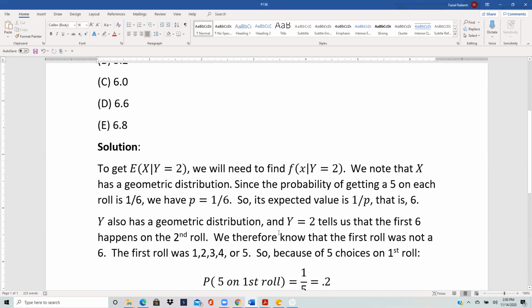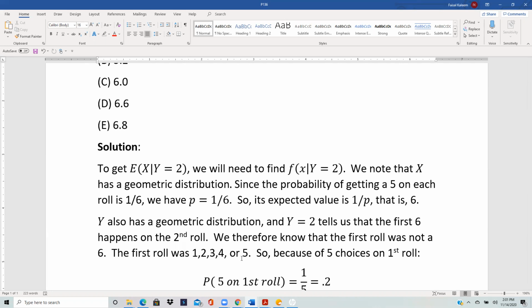That will also help us in finding what's going on with X. Because if Y is equal to 2, the first 6 happens on the second roll. So we know the first roll was not a 6, so it was a 1, 2, 3, 4, or 5. That is only 5 choices on the first roll.